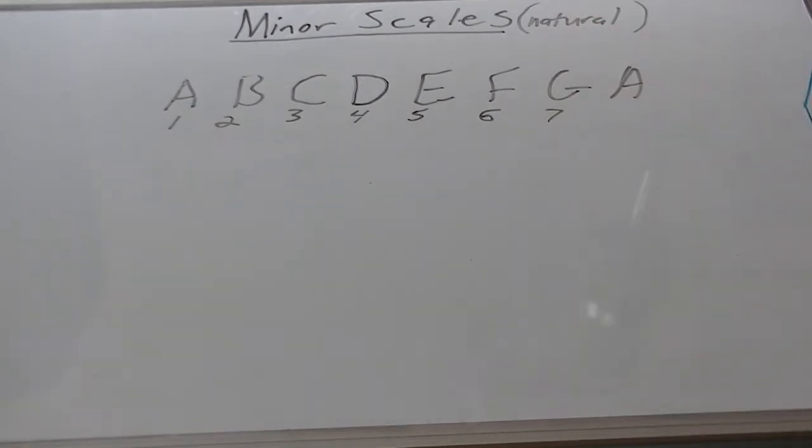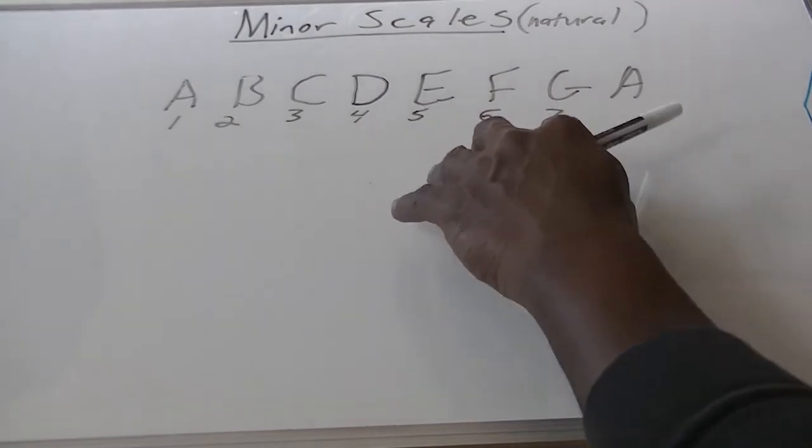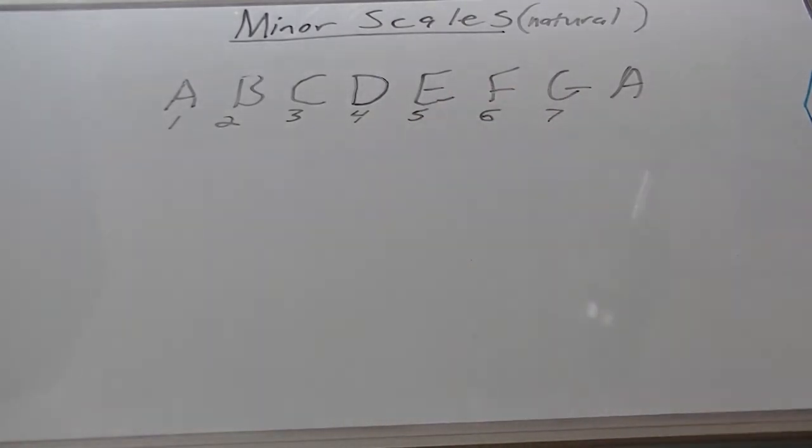I've also seen it referred to as the pure minor scale, and as the Aeolian mode. But the point is, this is the first minor scale that people usually work with, and it's used a lot. So we're going to take a look at this one.